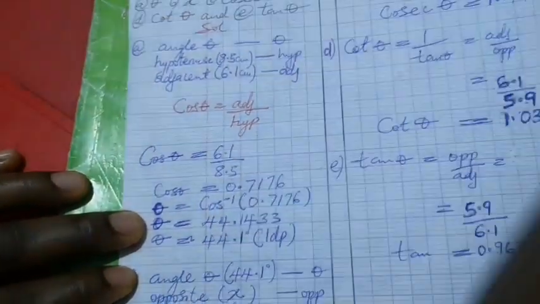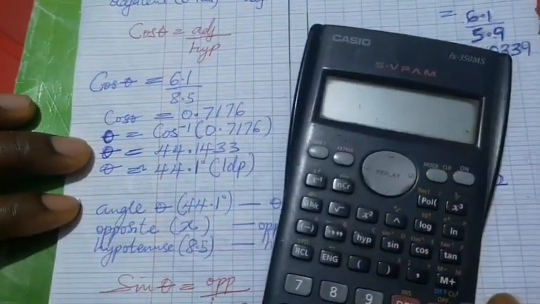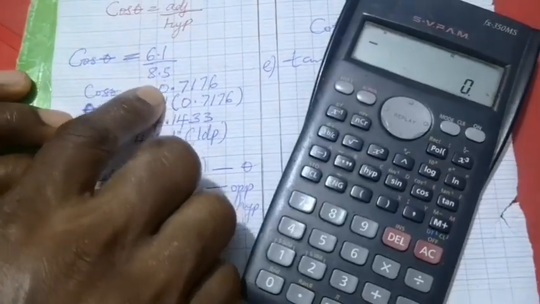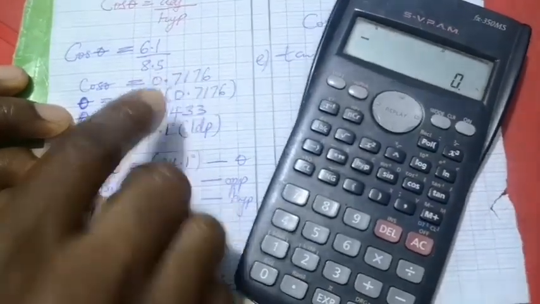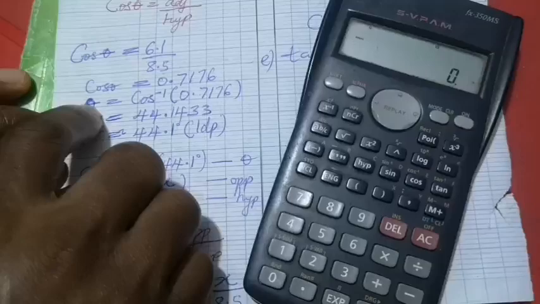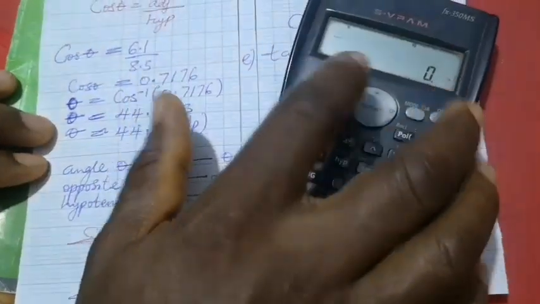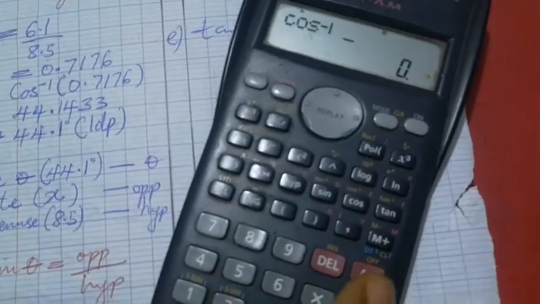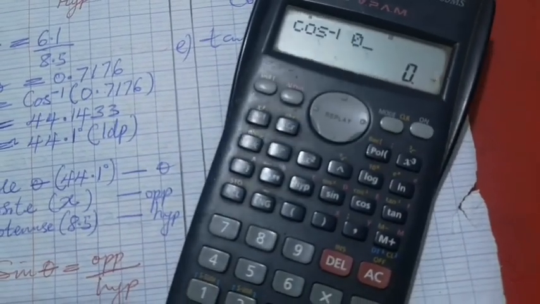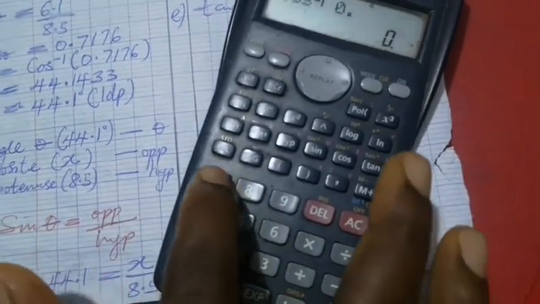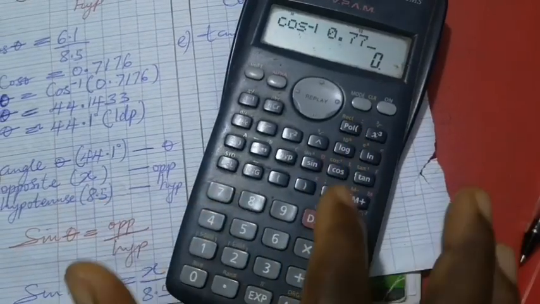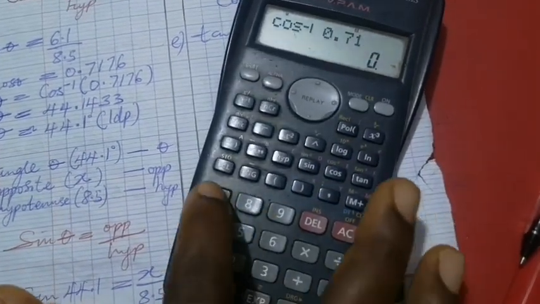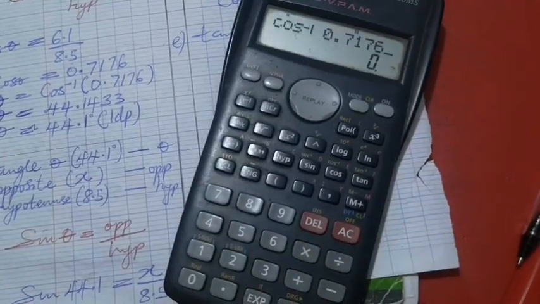Now, for us to press the cos inverse, since we have the cos theta to be 0.7176, we just press shift cos, then the value 0.7176, okay?